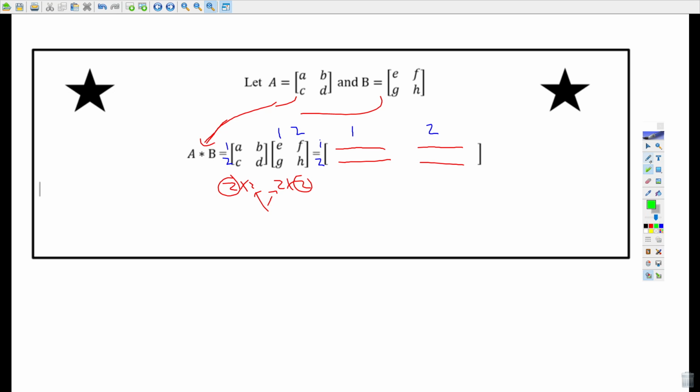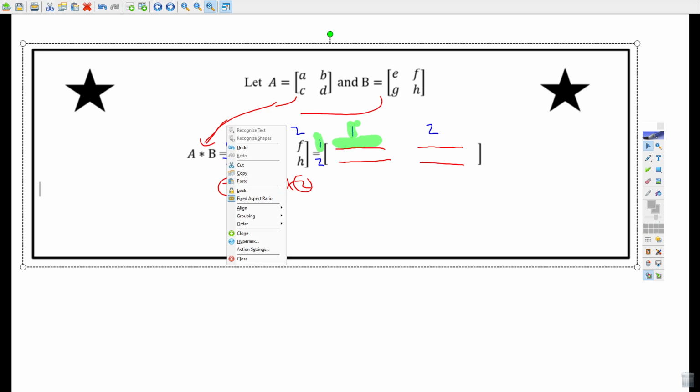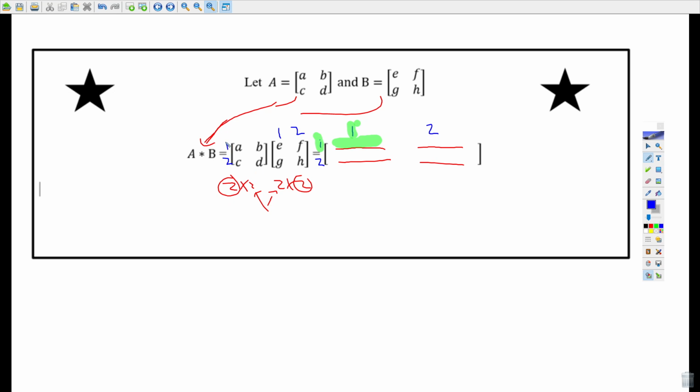All right, so how do we do this? If we want to get the first blank spot here, you ask yourself, what row and what column are you in? We're in the first row, and we're in the first column. So we go over here to our matrix. We go to our row matrix, which is the first one. We're in the first row, which is A and B. And we're in the first column of the second matrix, that's E and G. So as we go across the row, we're going to multiply the numbers as we go down the column.